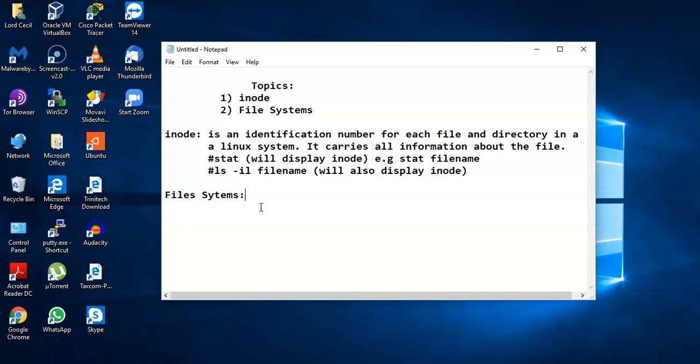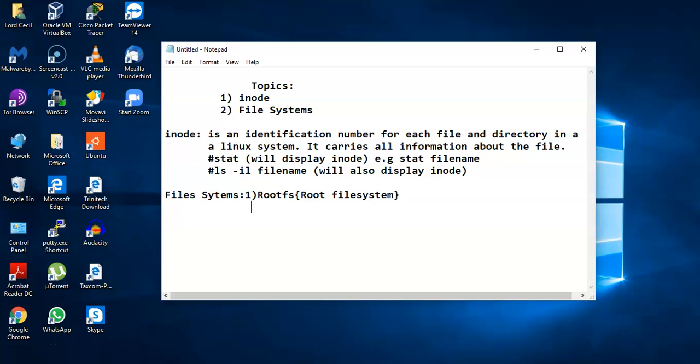First one, rootfs, for root file system. It contains operating system components.